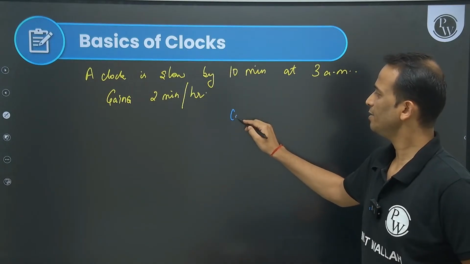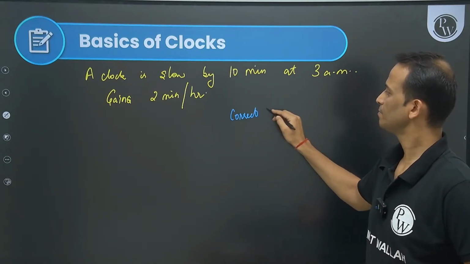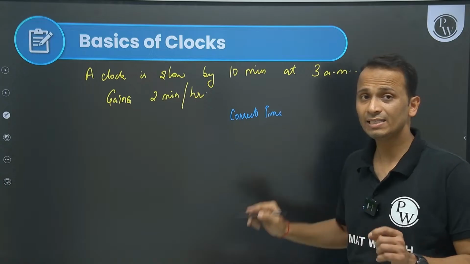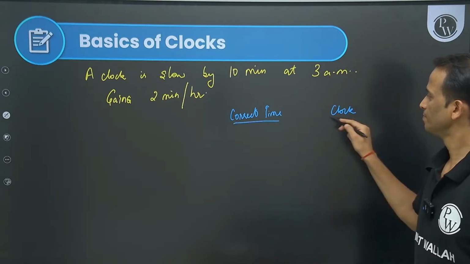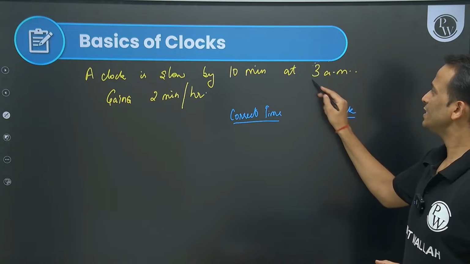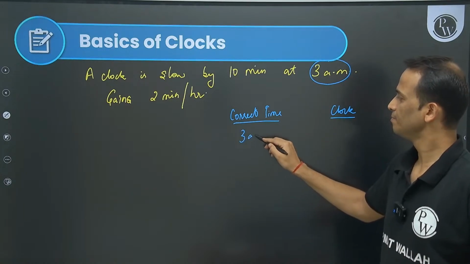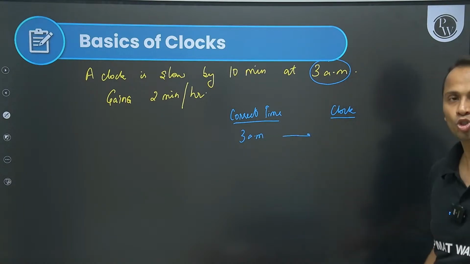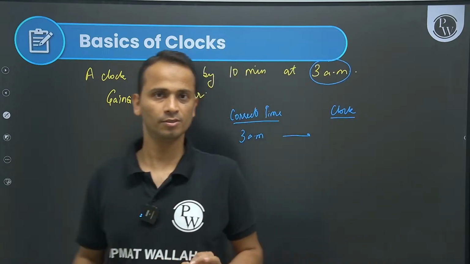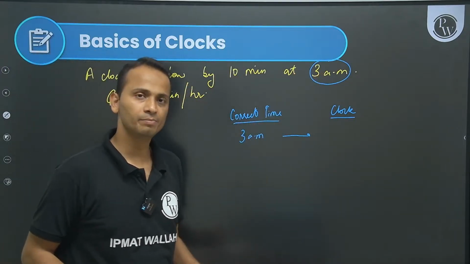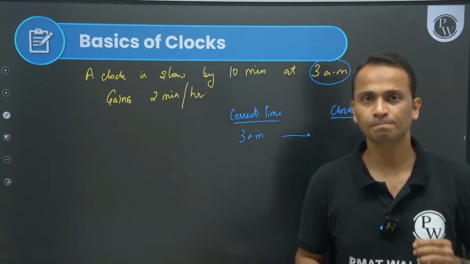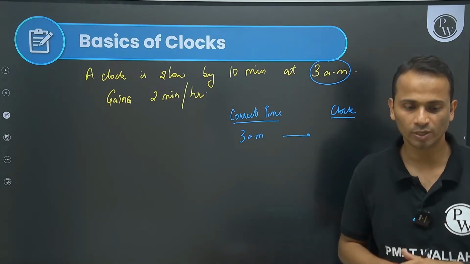So the correct time and the time shown by the clock. So people tell me when the correct time is 3 a.m., what will be the time shown in this clock? A clock is slow by 10 minutes at 3 a.m. So if the correct time is 3 a.m., ये वाली घड़ी कितना टाइम शो करेगी?